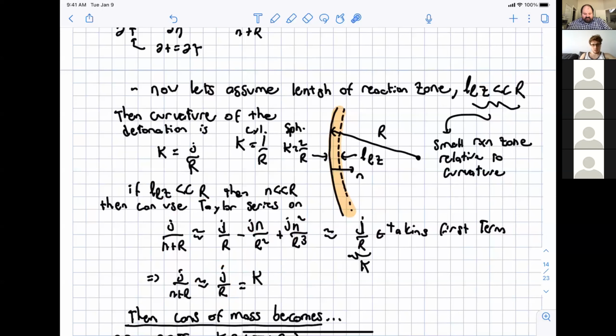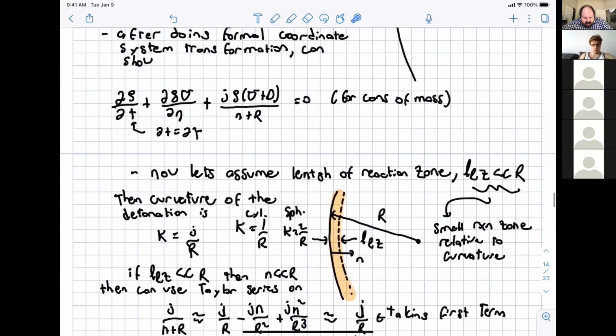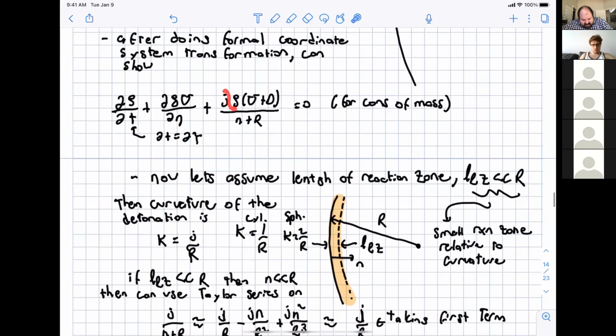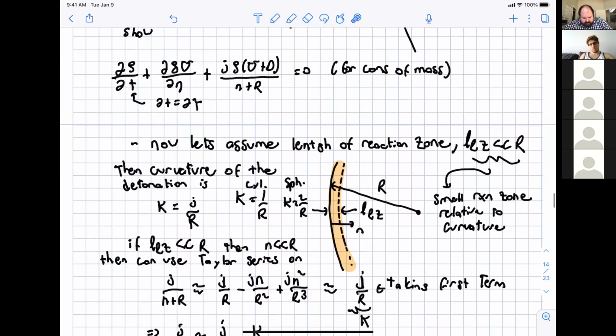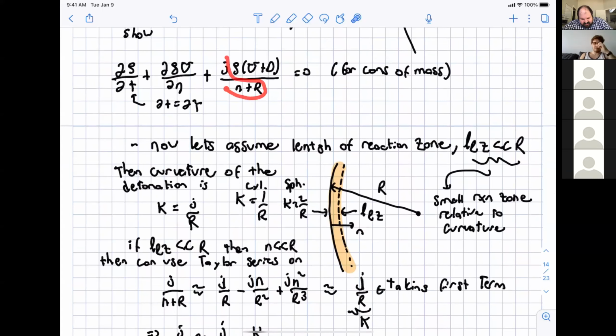What this does is get rid of the spatial dependence on the source term. If we approximate this entire term here as just the curvature, and it's the curvature of the detonation front, not the local curvature of the flow, but the curvature of the lead shock of the detonation, then that's just a constant.